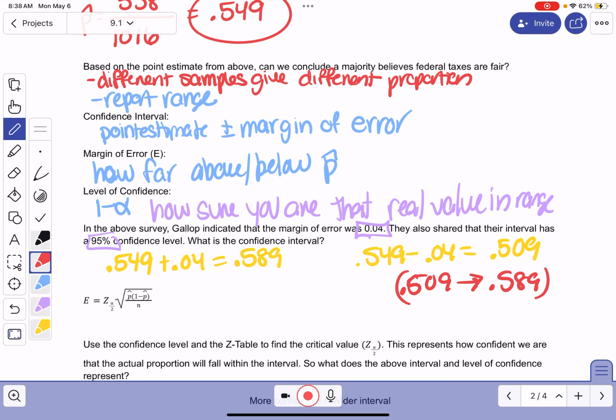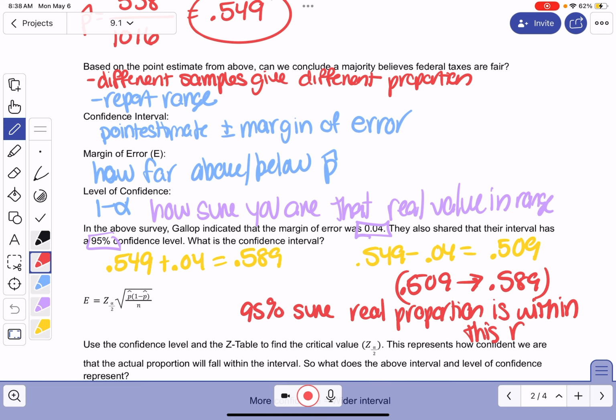So that's our range. And 95% confident means we're 95% sure the real proportion is within this range. That's what that 95% means.